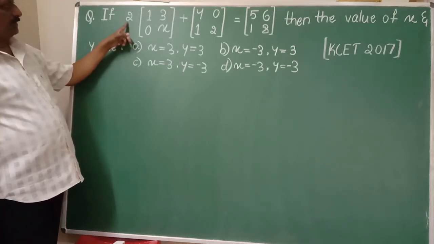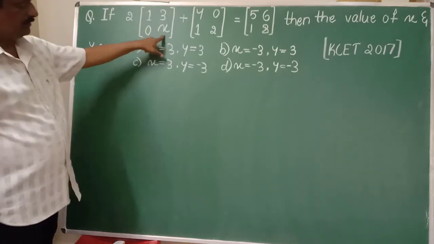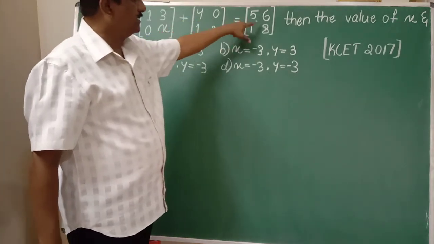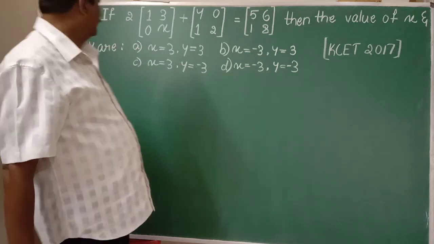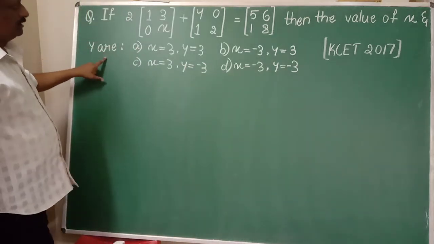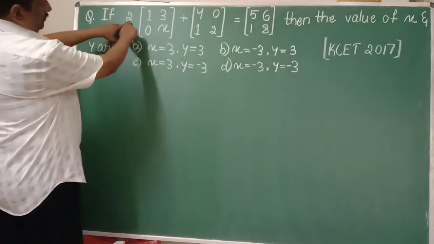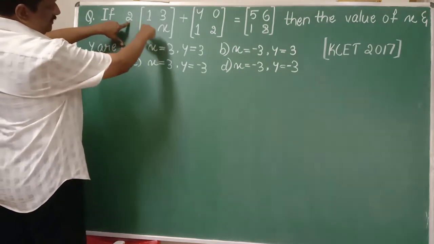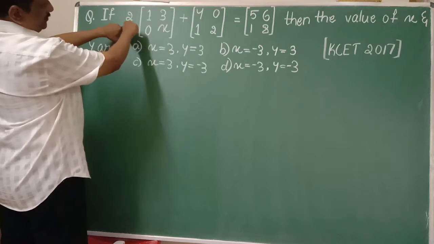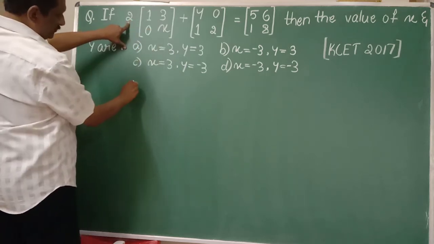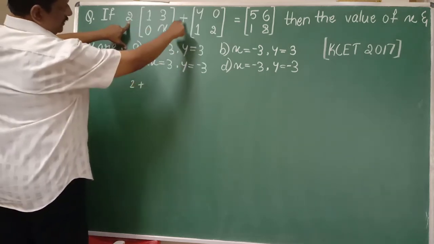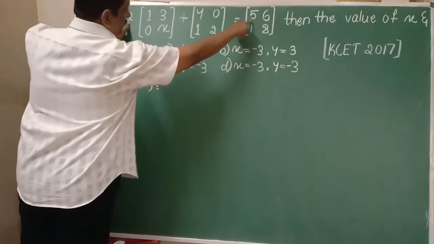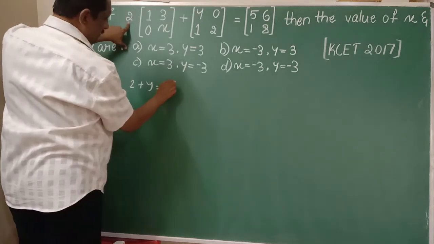If 2 into the matrix [1, 3, 0, x] plus [y, 0, 1, 2] is equal to [5, 6, 1, 8], then the values of x and y are. Here 2 into 1 becomes 2. Taking 2 inside the matrix means multiply each element by 2. 2 into 1 becomes 2, then add y, which is equal to 5.